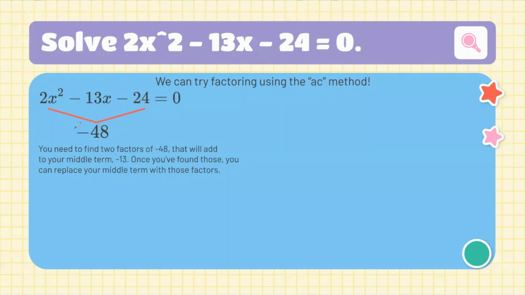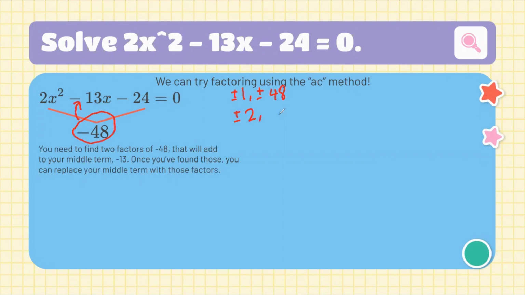Thinking of factors of -48 that give you -13, we know that one of our factors has to be negative. So we could have positive or -1 and positive or -48. That probably wouldn't give us -13 though, so let's go ahead and keep looking.